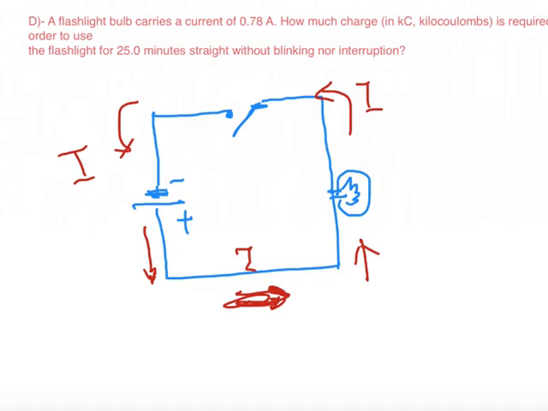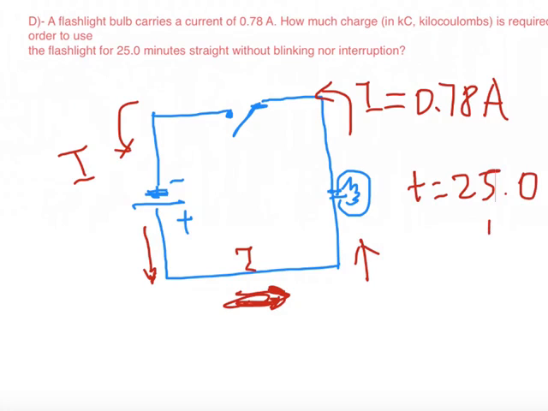So we have I equals 0.78 amps, and it says this is used to pass through this light for a given time of 25 minutes.